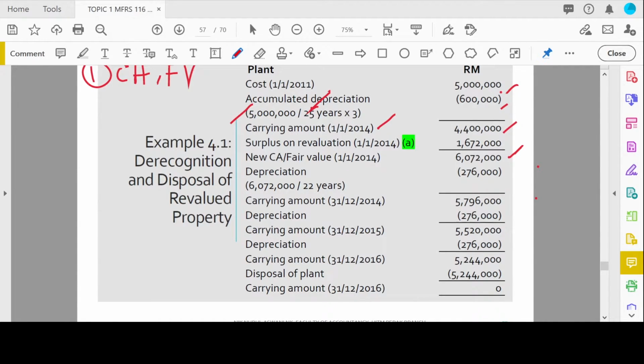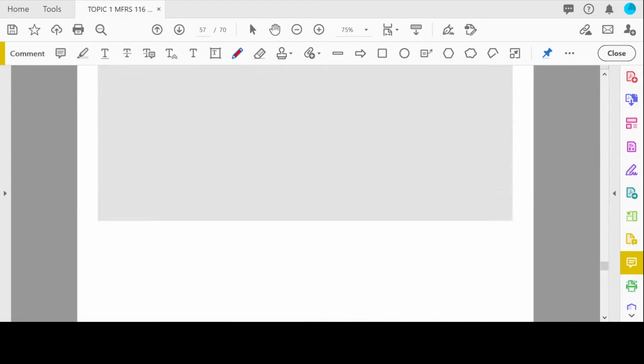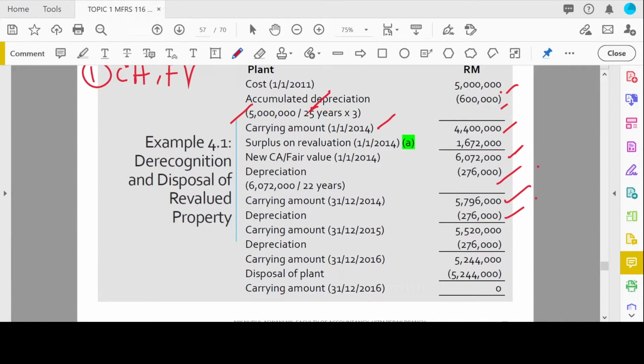So you get 276,000, and the carrying amount at the end of year 2014 is 5,796,000. For year 2015, we are going to provide another depreciation of 276,000. At the end of year 2015, the carrying amount is 5.52 million.